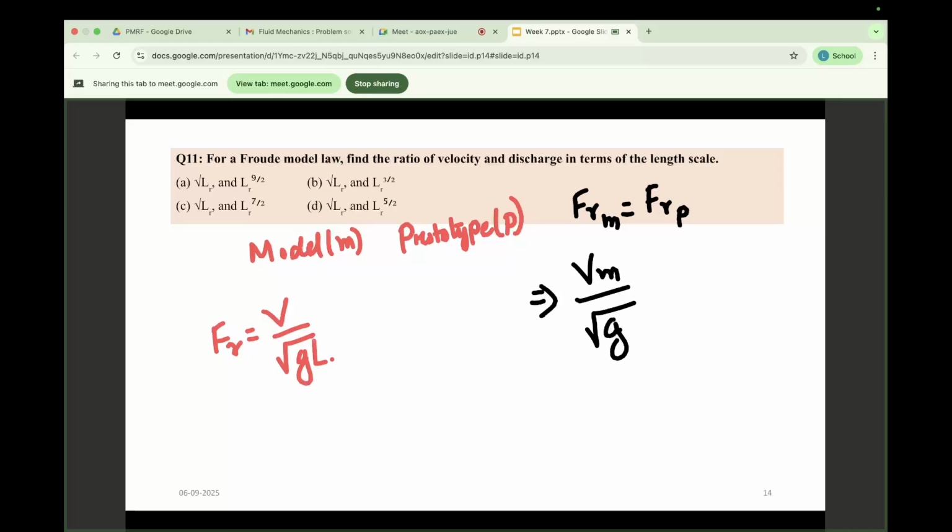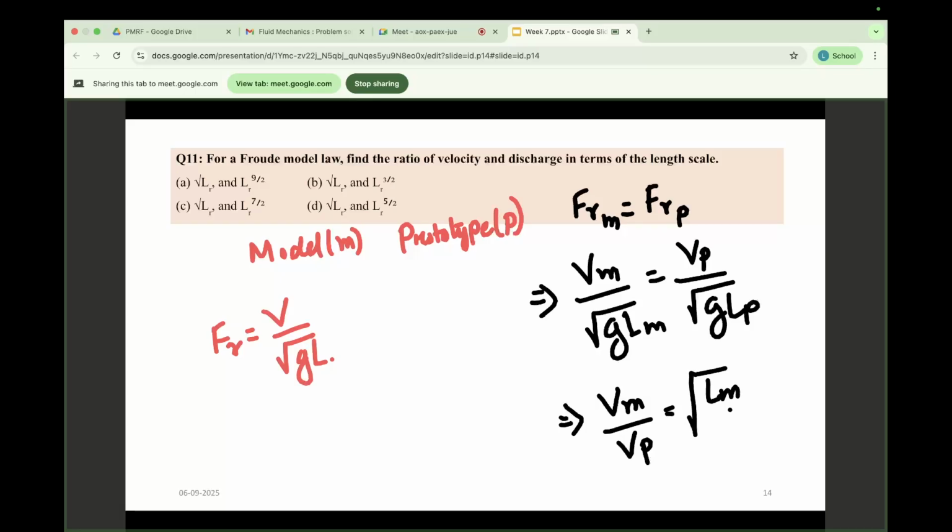Gravity is constant, so this G will cancel out. So I can write Vm by Vp is root Lm by Lp, right?